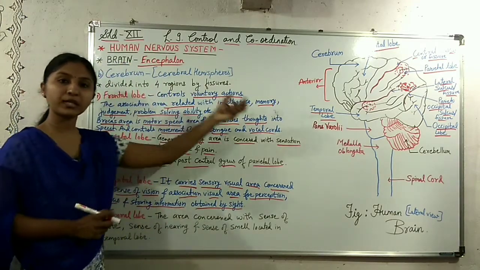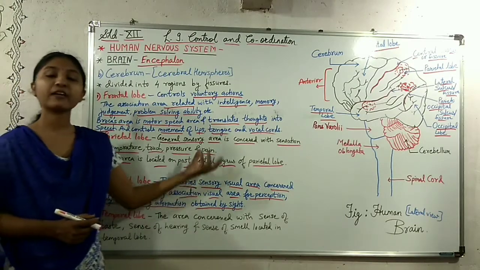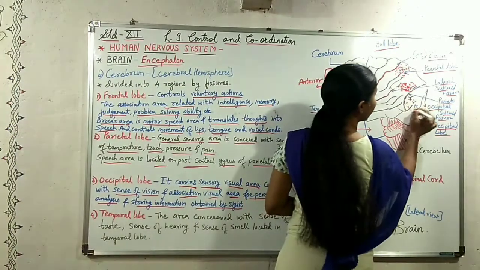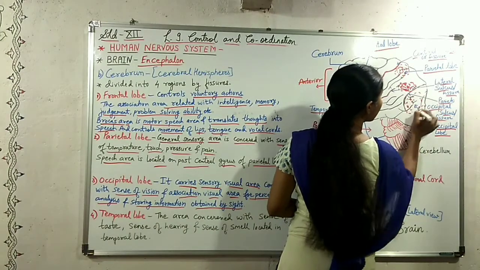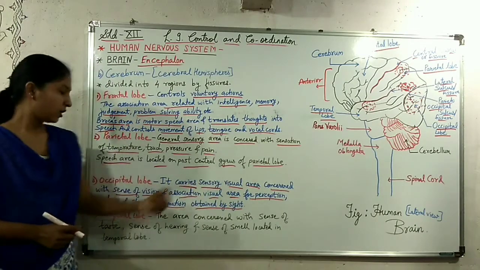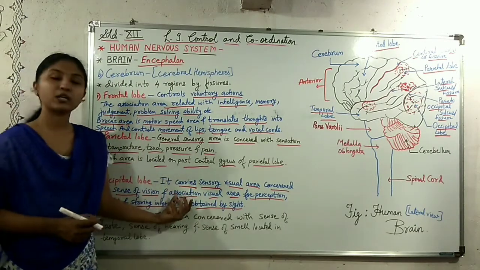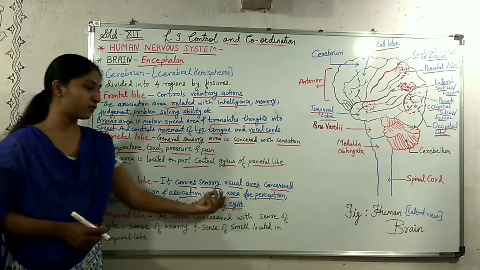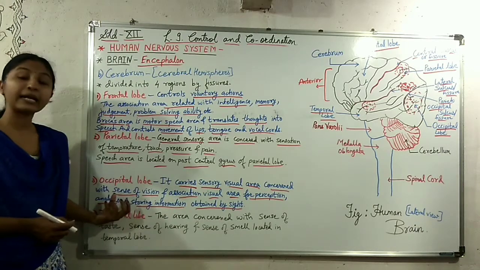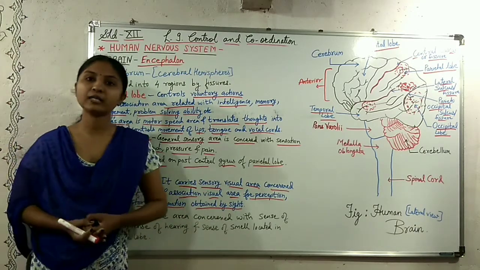So this occipital lobe carries the sensory visual area, and it is concerned with the sense of vision, sense of sight, and it is also associated with perception, analysis and storing of information obtained by sight.